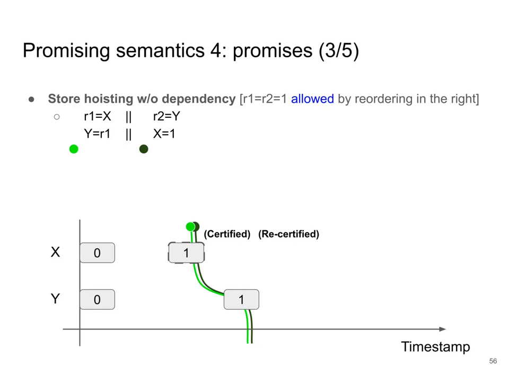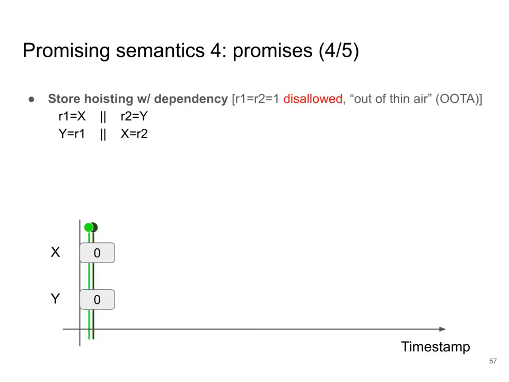And all these behaviors are used to justify the fact that x equals 1 can be hoisted, and that is represented as the fact that x equals 1 is promised at the beginning of this execution. Okay, so far so good.